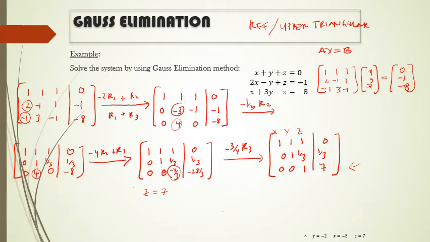And then Y plus 1 over 3 Z equals 1 over 3. And then here, X plus Y plus Z equals 0. So from here, Z equals 7.